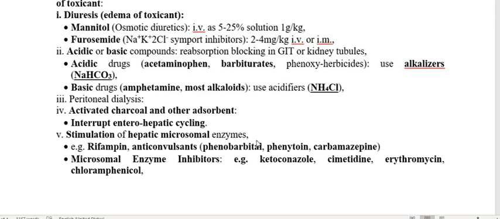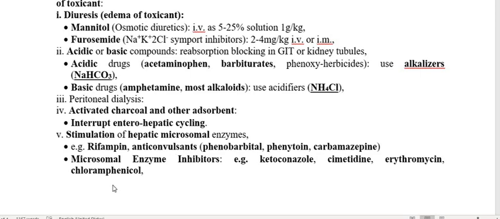Microsomal enzyme stimulators are rifampicin or rifampin, and anticonvulsant drugs like phenobarbital, phenytoin, and carbamazepine. What will happen when the microsomal enzyme gets stimulated? It increases the rate of metabolism of these agents.